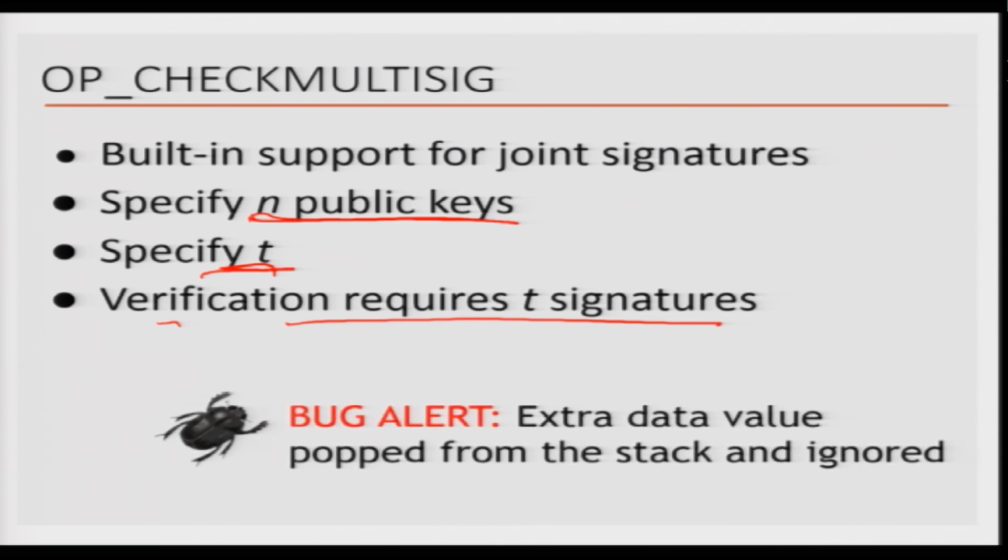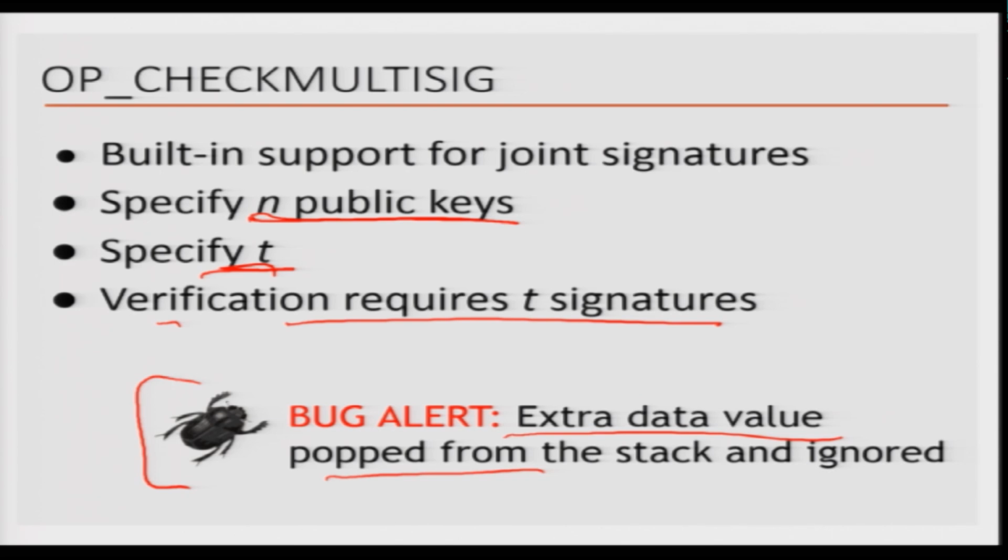Now, there is a bug which was there in the beginning: an extra data value is popped from the stack and ignored when OP_CHECKMULTISIG is executed. Remember, for each opcode, I often get the top of the stack, or the top 2 things, or 3 top things on the stack, and use them for executing the instruction.